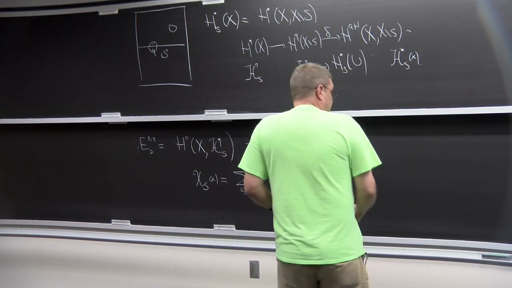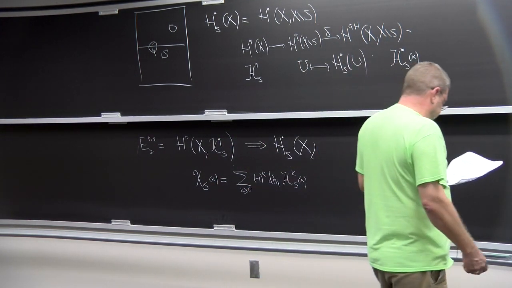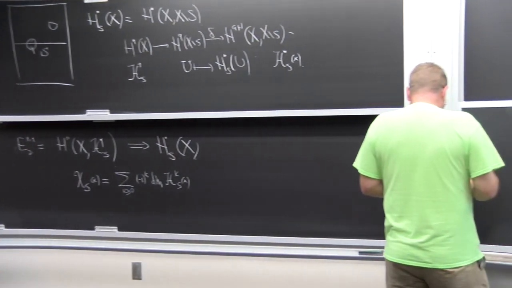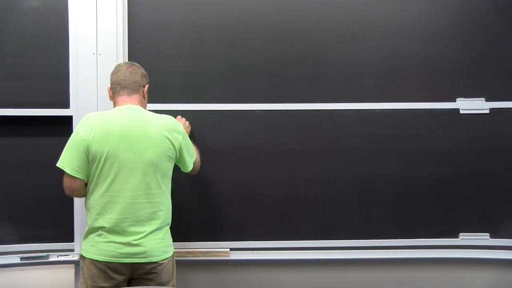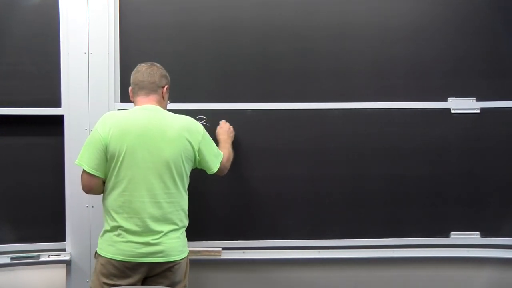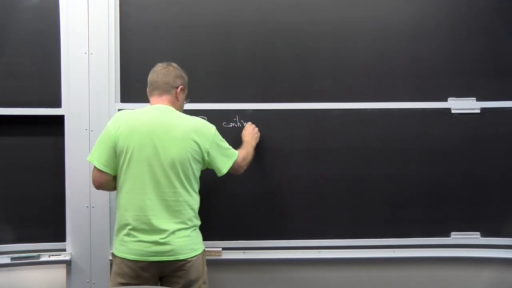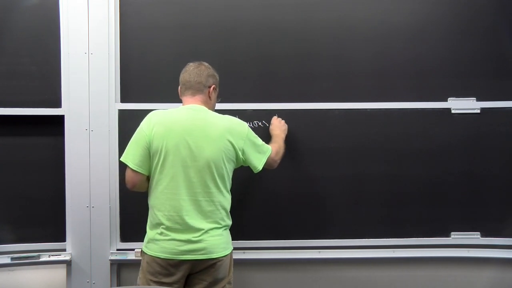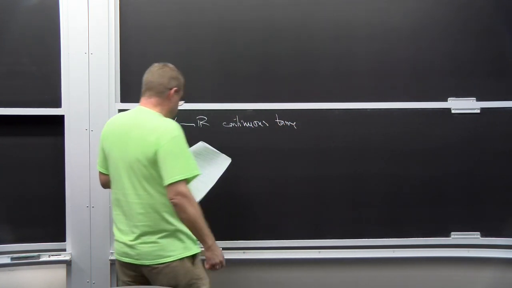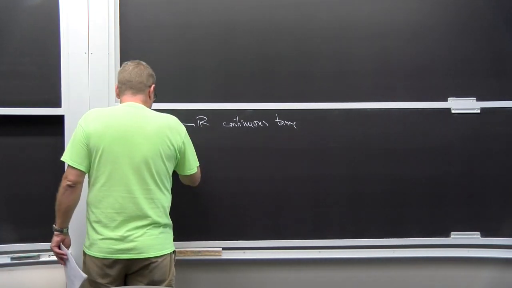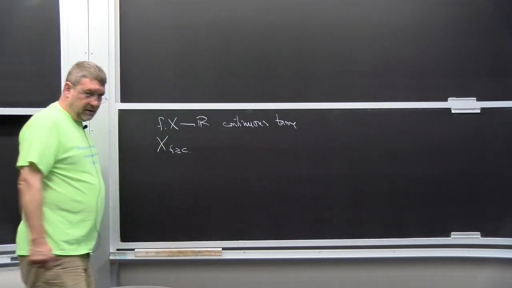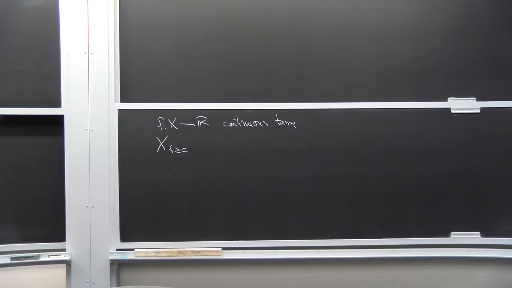Now here comes Morse theory. Well, sort of. Suppose I have f from X to R, a continuous and tame function. So everything is in some tame category. And I will use these notations, which I think you understand what they mean.